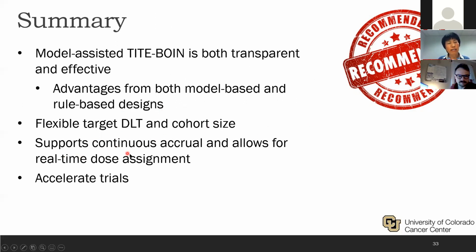It supports continuous accrual and allows for real-time dose assignment. Thus, it can accelerate the trial. So we strongly recommend the TITE-BOIN design. Although we also like to do the TITE-CRM design, the model-based design, because that's no issue for us.